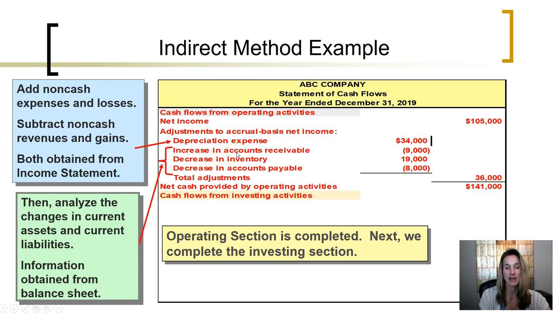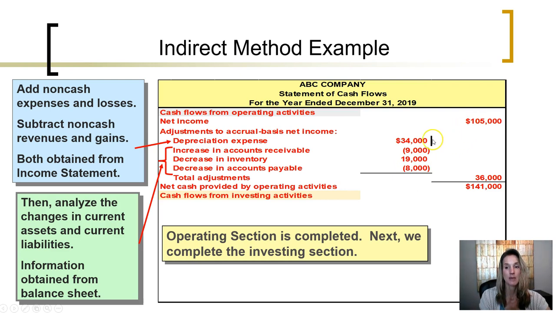They had accounts receivable, which is a non-cash current asset increase, and the indirect method indicates we need to subtract the amount of that increase. Current liability increases need to be added to net income. Decreases in current liabilities need to be subtracted from net income.